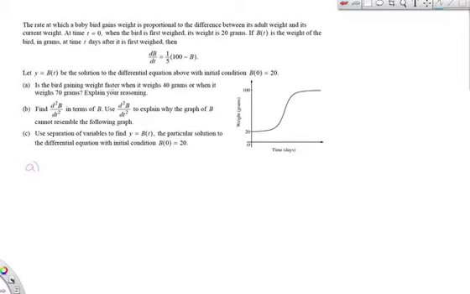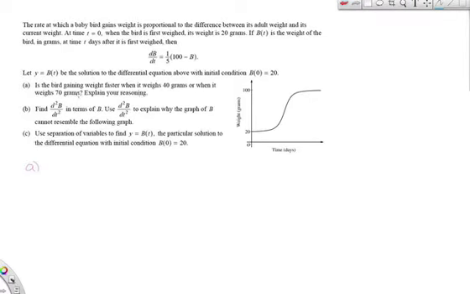Is the bird gaining weight faster when it weighs 40 grams or when it weighs 70 grams? What I want you to notice is they're talking about the rate of change of the weight of the bird with respect to time. But notice that my independent variable in this question is not time. So they can't ask me, is the bird gaining weight at time 5 versus time 6?